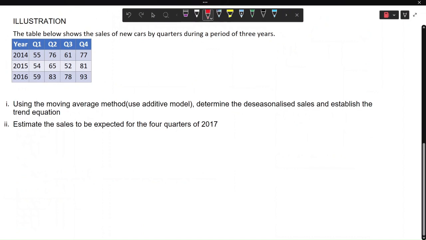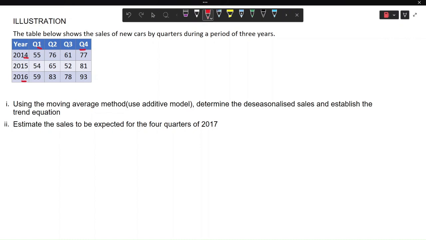The table below shows the sales of new cars by quarters during a period of 3 years. So we have year 2014 to 2016 and quarter 1 to quarter 4.